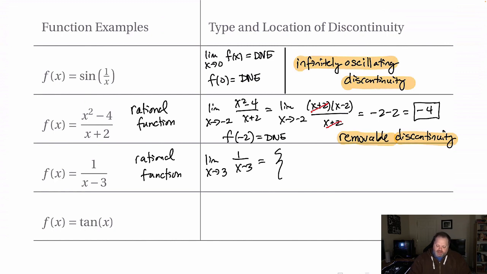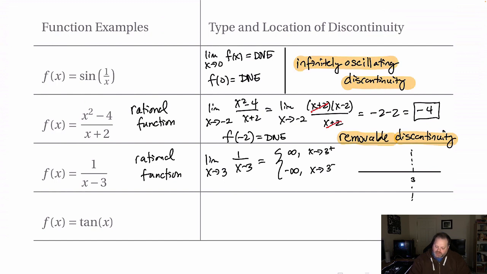I'm going to get infinity if x is greater than 3. In other words, if we approach 3 from the right. So I'll say we get infinity if x approaches 3 from the right. And we'll actually get negative infinity if x approaches 3 from the left. But what's actually happening here is at 3, we have a vertical asymptote.